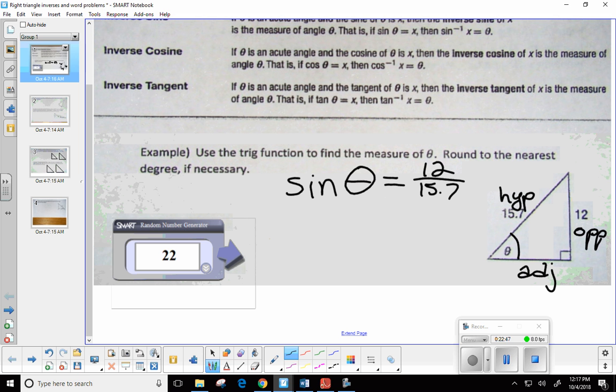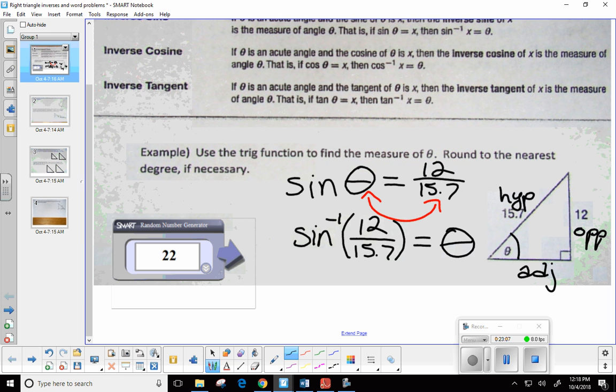The whole point of the inverse is literally just to switch these two. So it'll be the inverse sine of 12 over 15.7 equals theta.